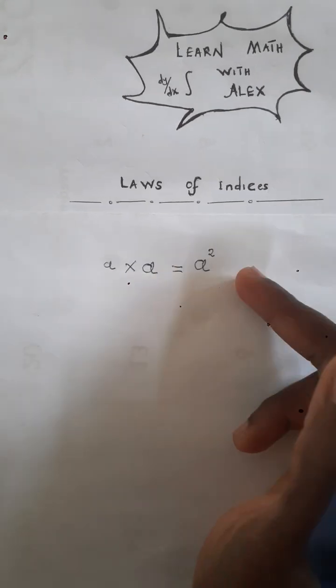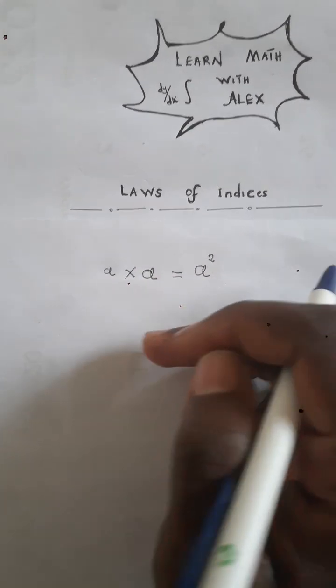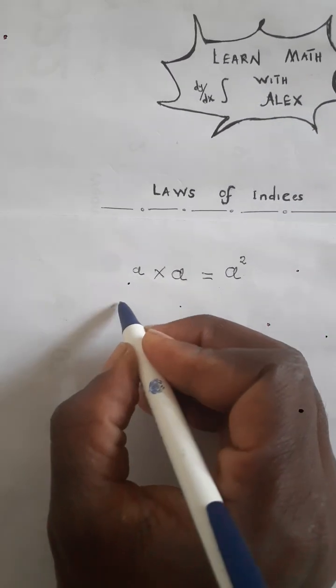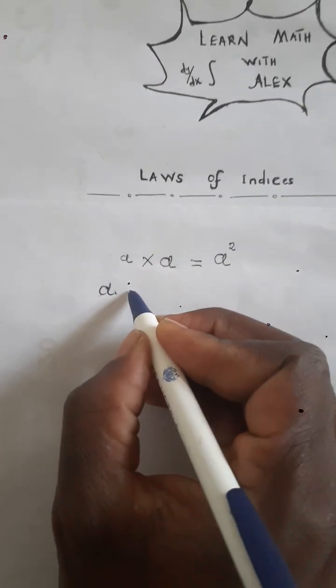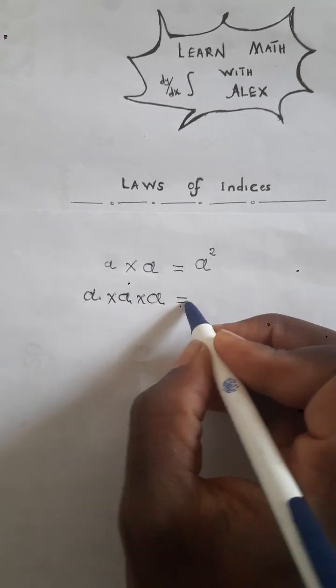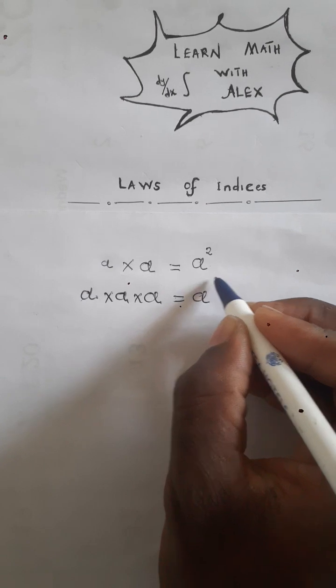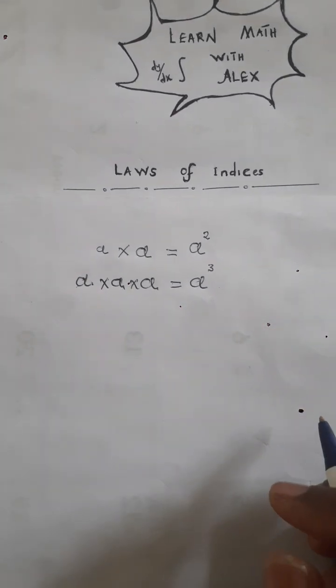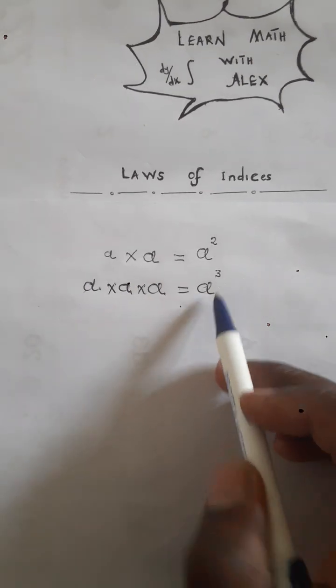So it is called squared. So a times a is a squared. Again, if I say a times a times a, this time around this smaller number will be 3, or a cubed.